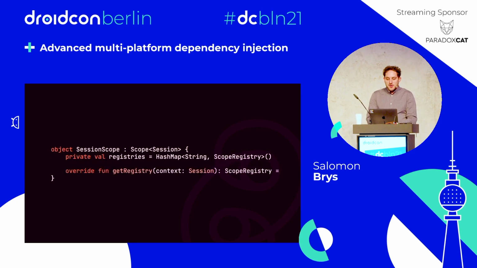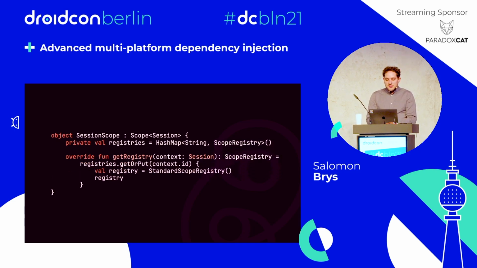And the scope interface asks you to provide this function, getRegistry, which must return a registry according to a context, and the contract is that you will always return the same registry when provided with the same context. So it's pretty easy. We get or put a registry inside the map, and we return it.